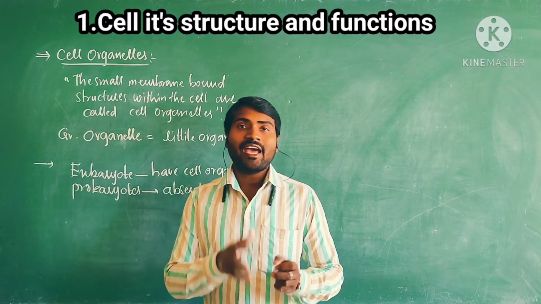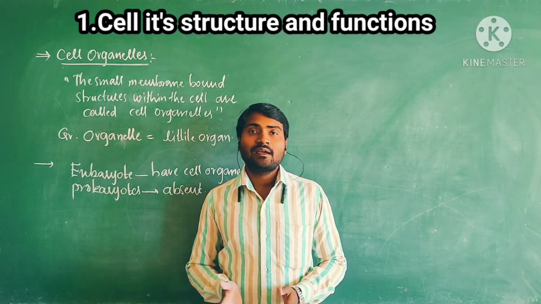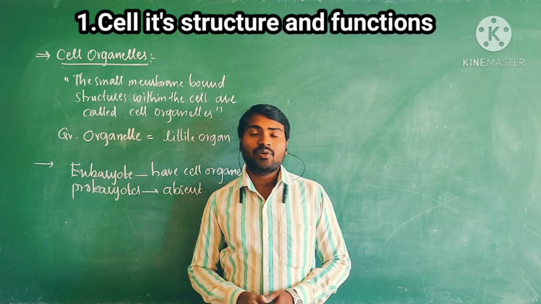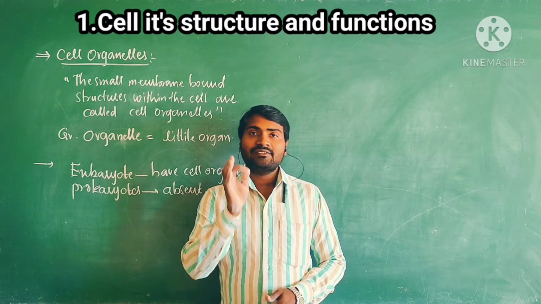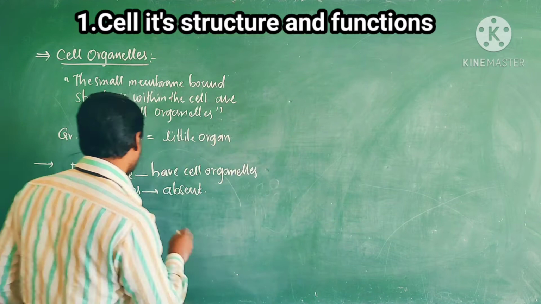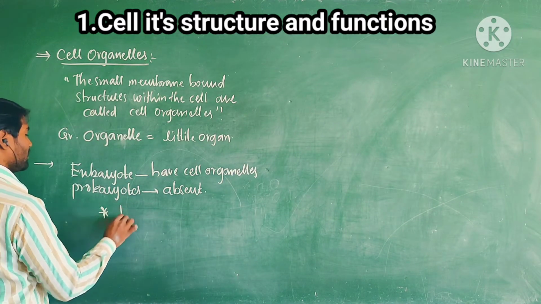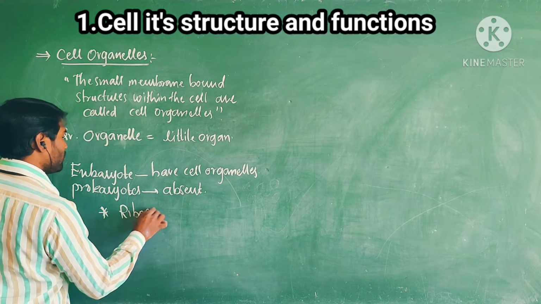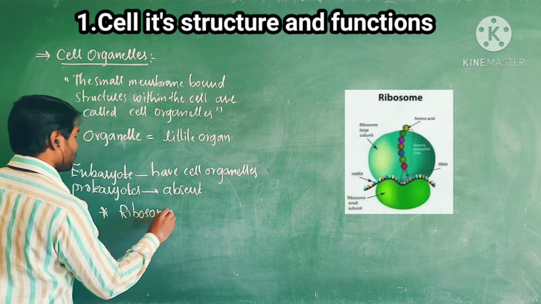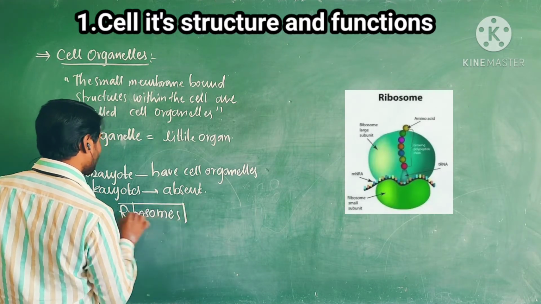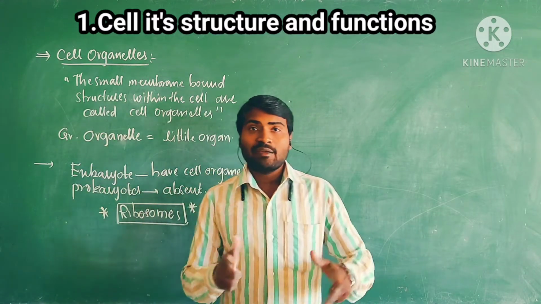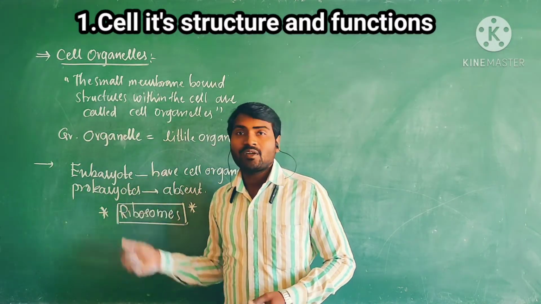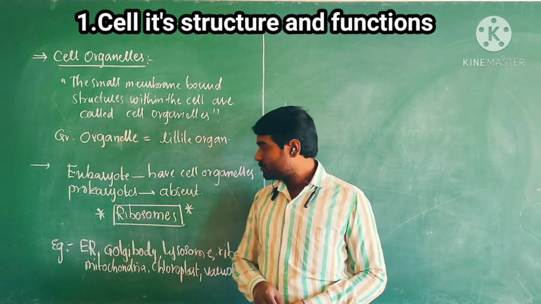All the eukaryotic cells contain cell organelles, but they are absent in prokaryotes, except one very important cell organelle, that is ribosome. This point we have to remember. These ribosomes are present both in eukaryotes and prokaryotes.